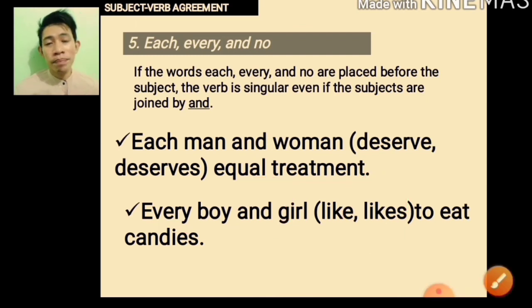Okay? That's it. Again, kapag may words na each, every, and no, tapos nilagay siya before mag-subject, kahit pa ang nouns or ang subjects may and or joined by and, still the verb that we'll be using is singular.